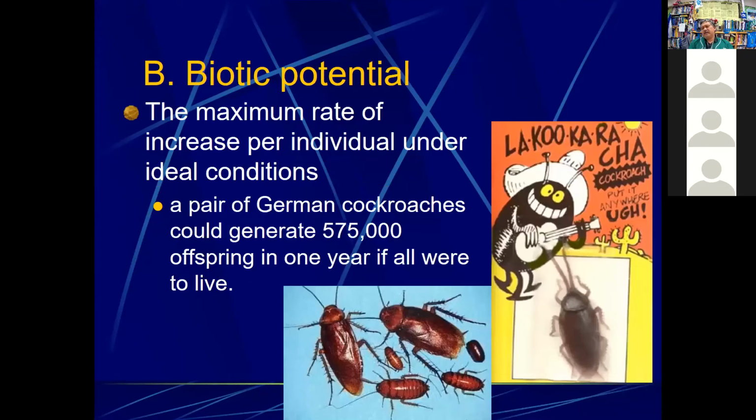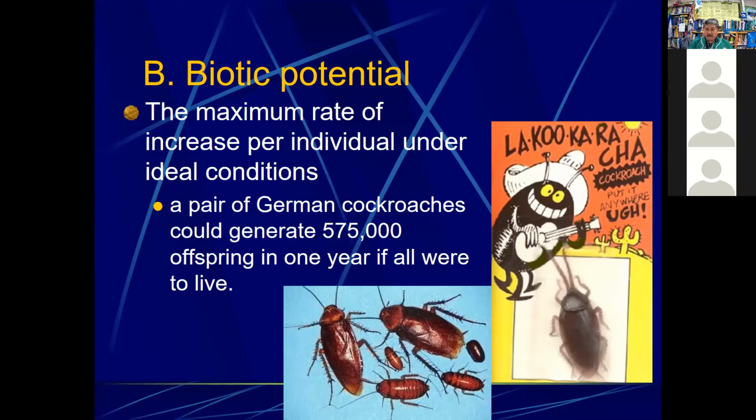For example, here's the cockroach. A cockroach has a very high, what we call biotic potential. If everything was perfect, the biotic potential is the maximum rate of increase per individual under ideal conditions. Look at these numbers.